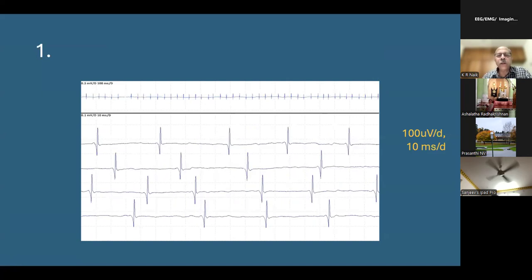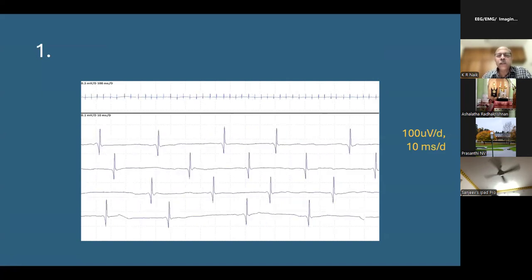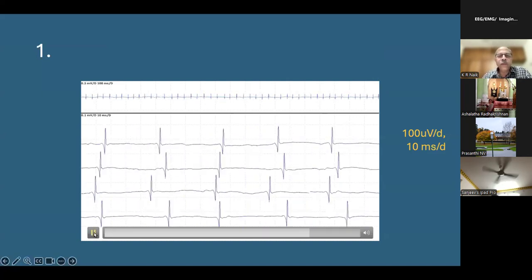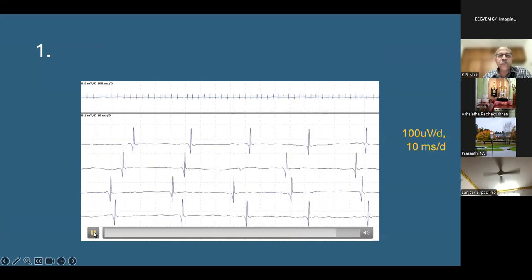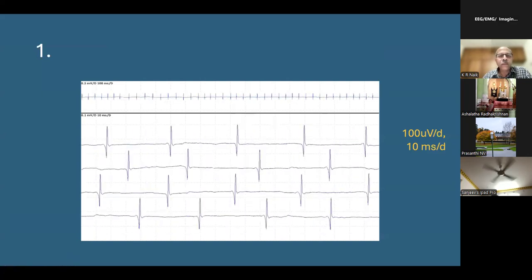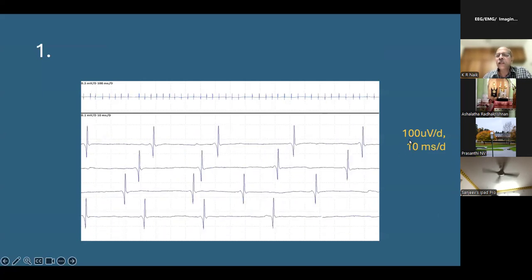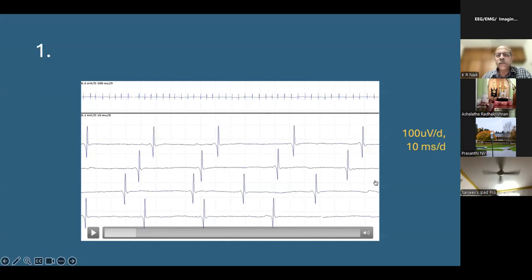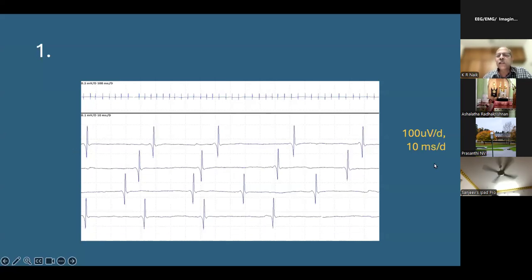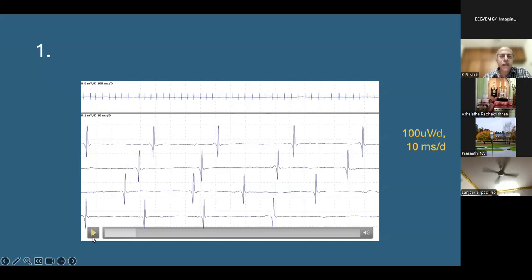We'll come back to all this later. Now sensitivity is mentioned here, 100 microvolts per division and 10 milliseconds. My EMG videos are 20 divisions, so this displays 200 milliseconds. We'll play it once more.